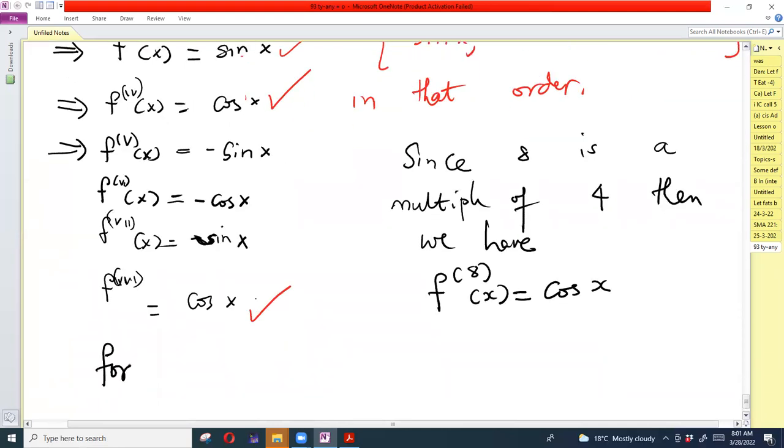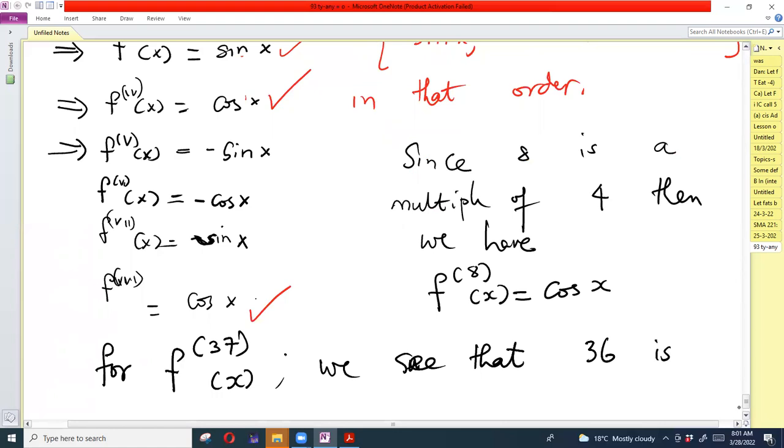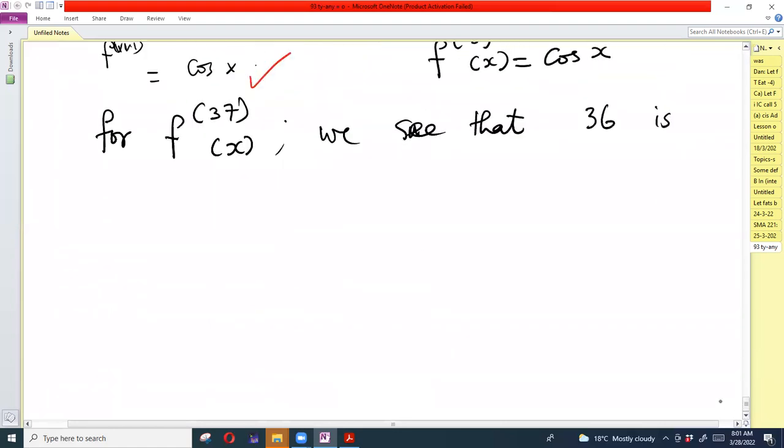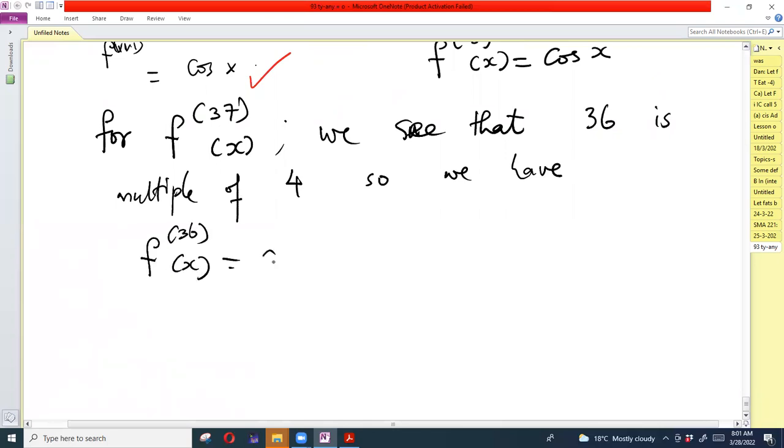Now, for the 37th derivative of f, we see that the closest multiple of 4 to 37 is 36. So the 36th derivative of this function will be the same as the function itself.